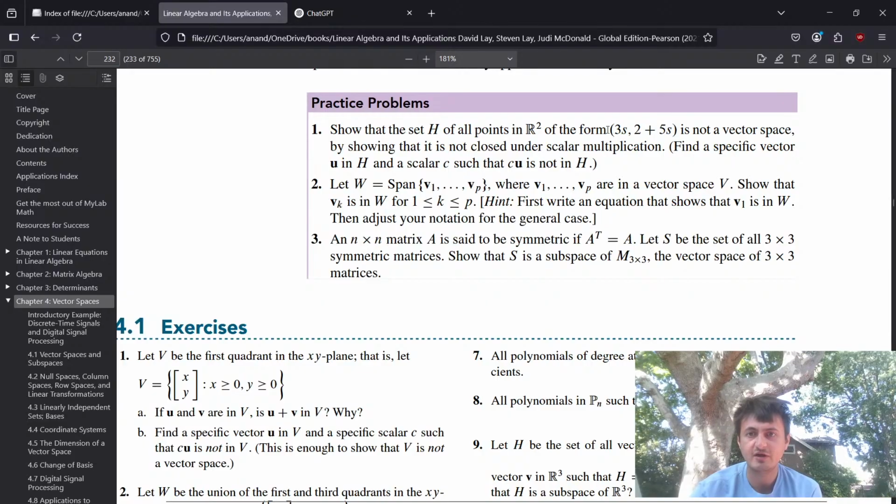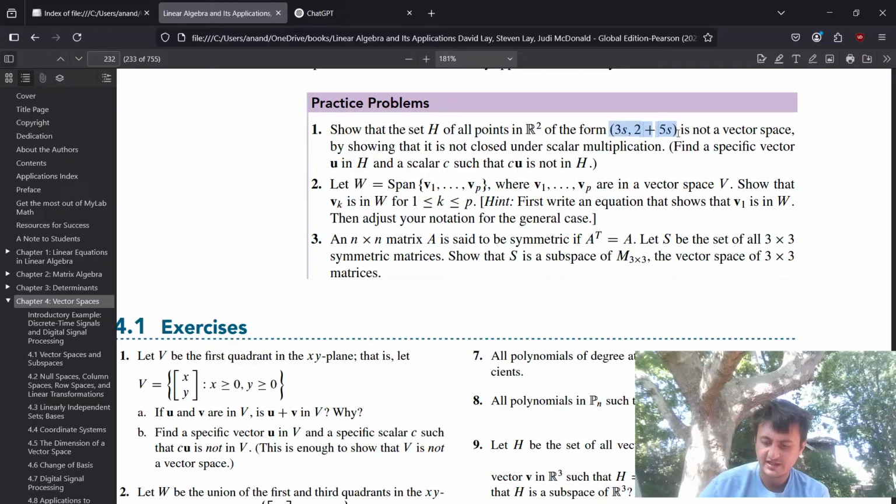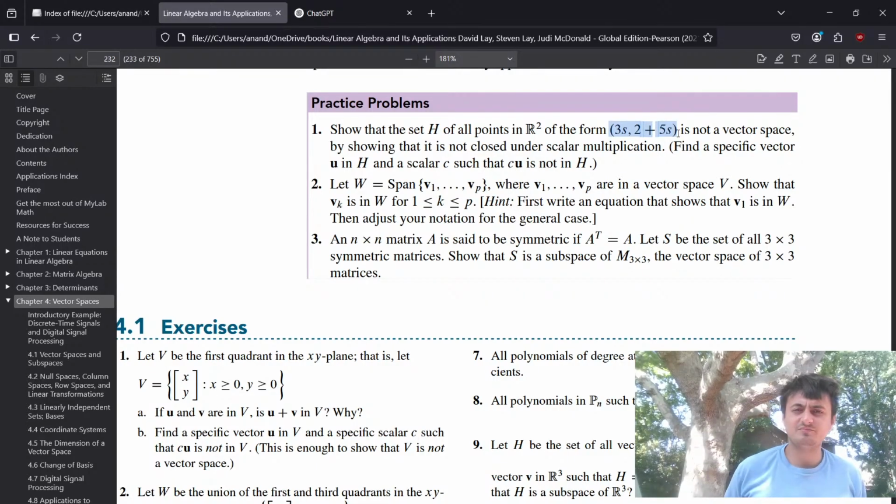Then you try to figure out what s needs to be to satisfy that, and you find that you can't find an s. So therefore, 3s, 2 plus 5s is not a subspace because it's not closed under scalar multiplication. Okay, that's actually a really good problem.